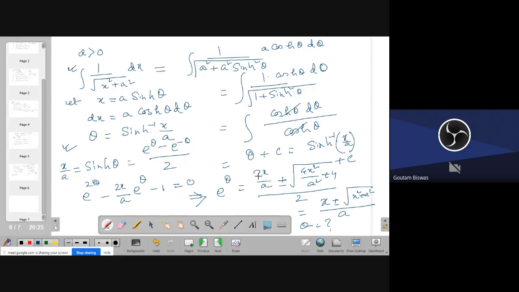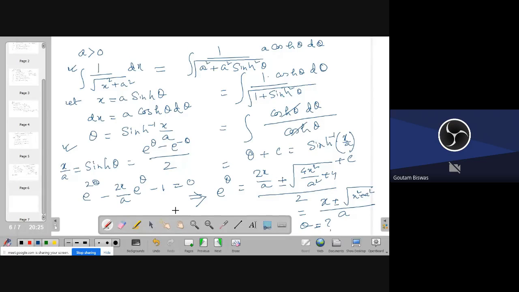Is there any question in it? Don't put this one. Just start from here and simplify it. You will get some theta here, and put that theta here, and you will get the answer in another form, the logarithmic form. Okay, I'm writing down what you will get.